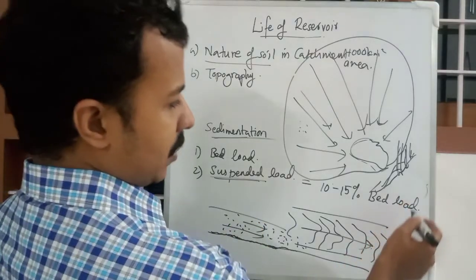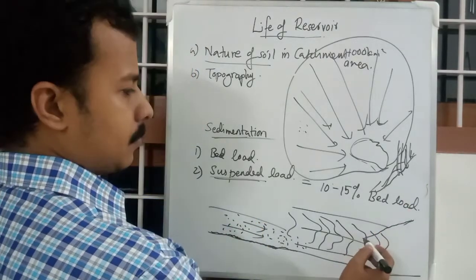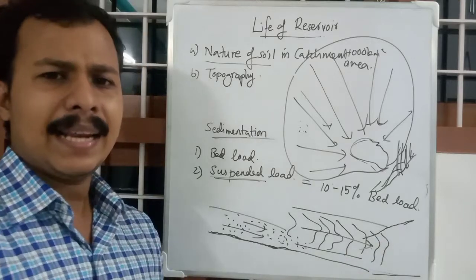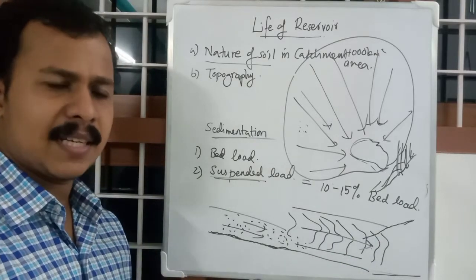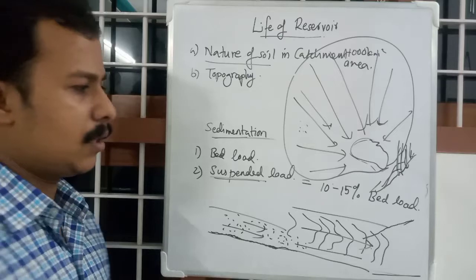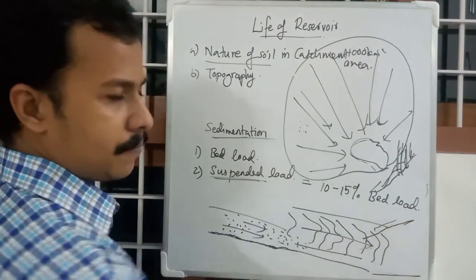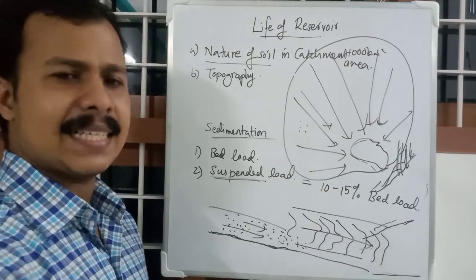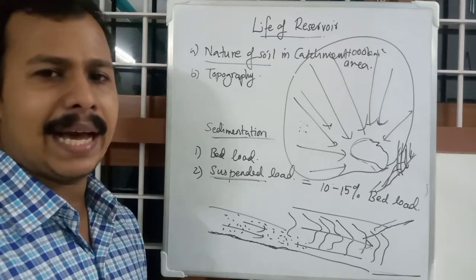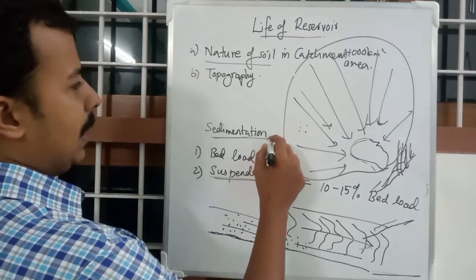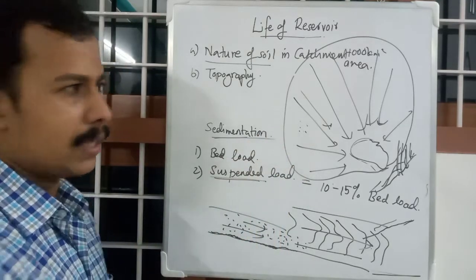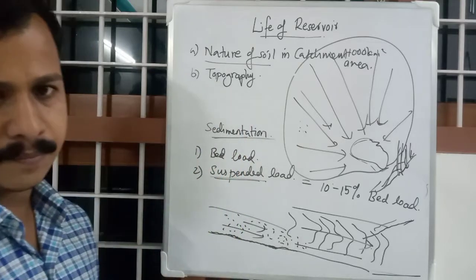If the slope is less, there will be lesser speed of flowing water through this lesser slope. So lesser soil particles will be carried by the water and hence lesser sedimentation. Okay, so that is topography.